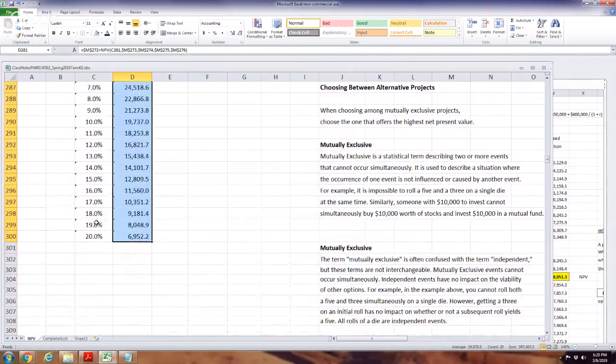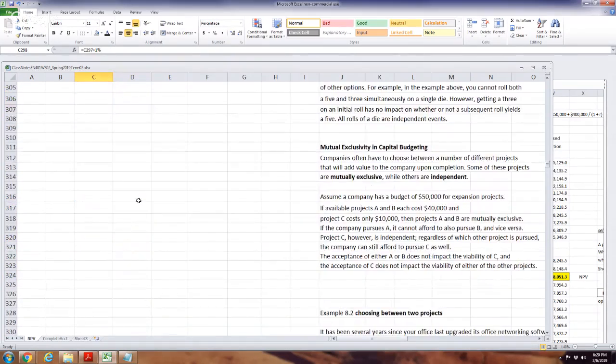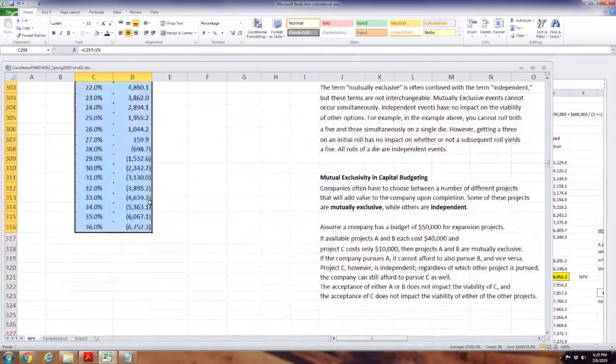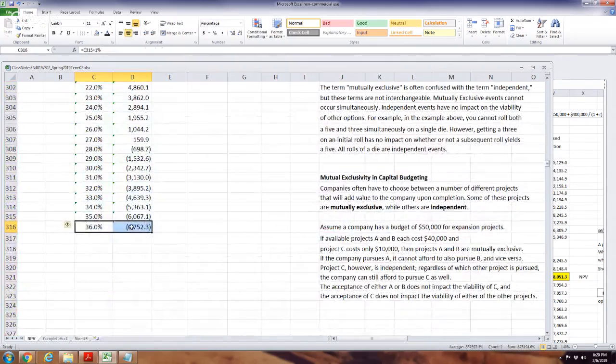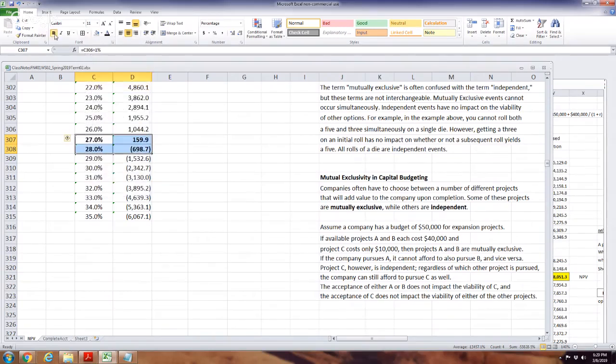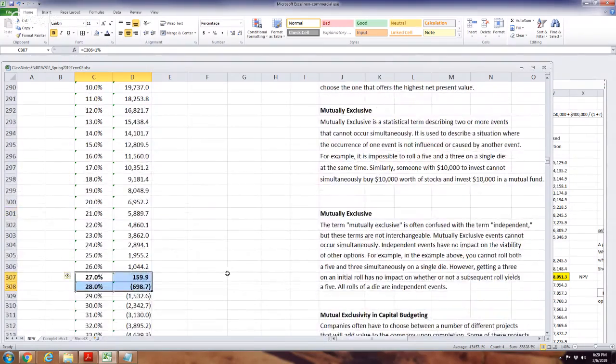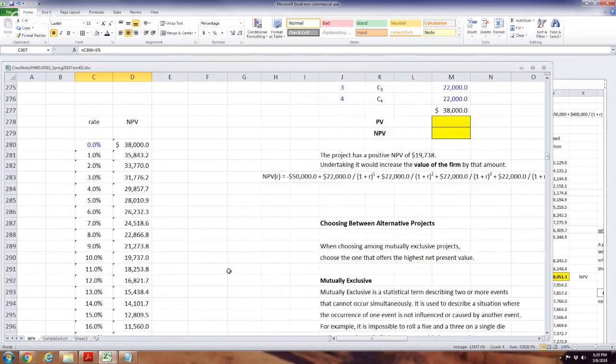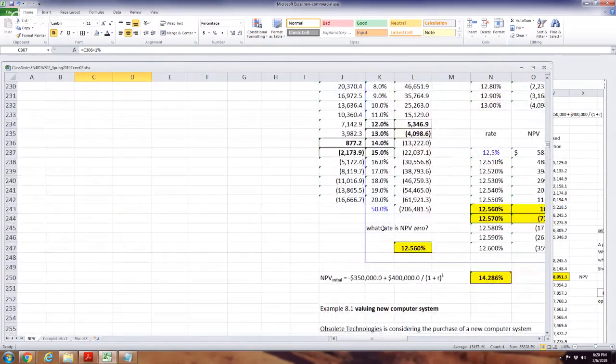Yeah, so see, this one, you didn't get it yet. Up to 20%, you didn't get it. There we go. So you're somewhere 27 to 28, somewhere in there, right? Yeah, that is where it changes, and that's the actual IRR, the rate at which NPV is 0.